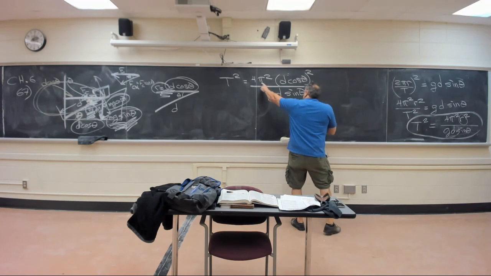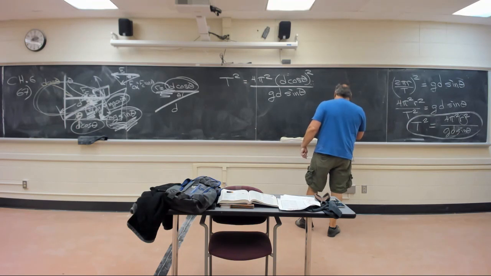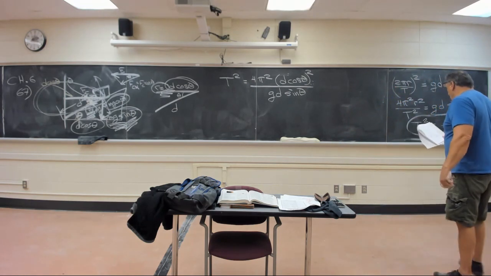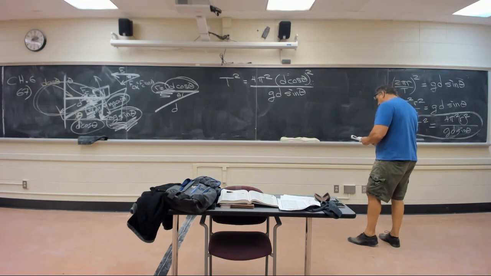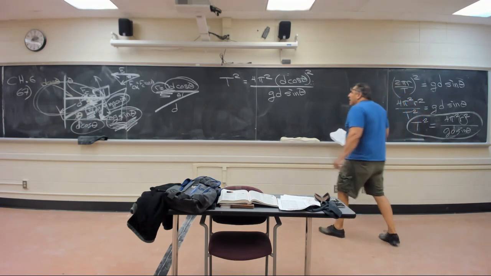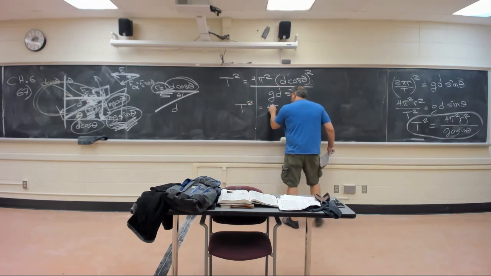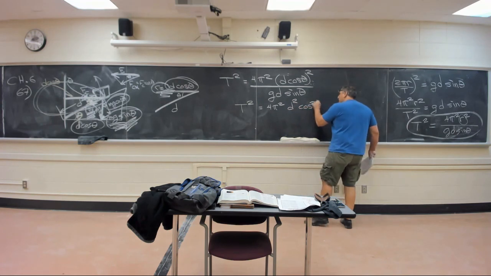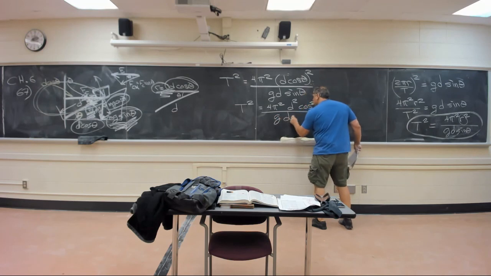4 pi squared times the quantity D cosine theta squared over GD sine theta. Okay. What's going to happen is you're going to have D squared cosine squared theta over GD sine theta.